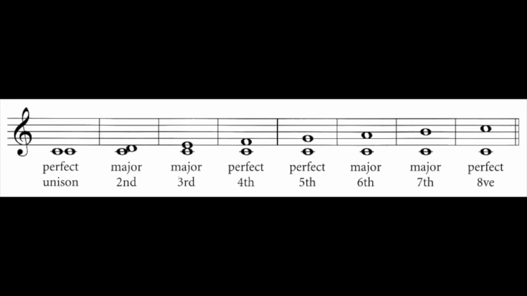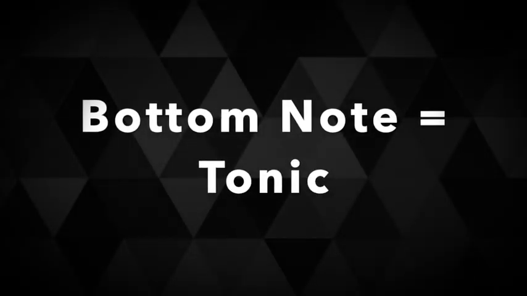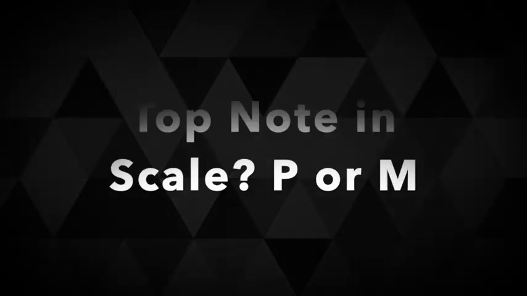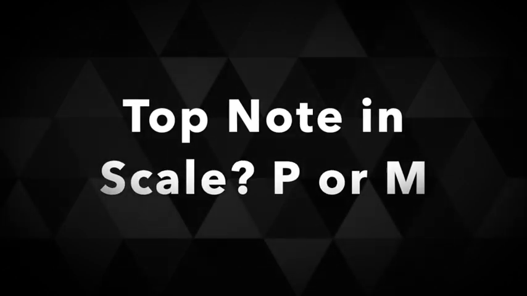So think of the bottom note of an interval as the tonic of a major scale. If the upper note of the interval is a member of the scale of the lower note, the interval will be either perfect or major. So let's choose C major just because it's easy right now.